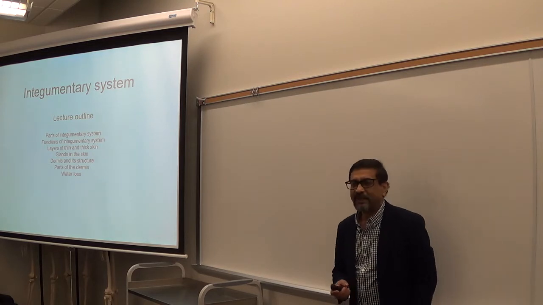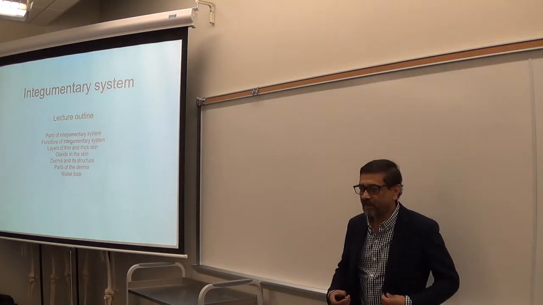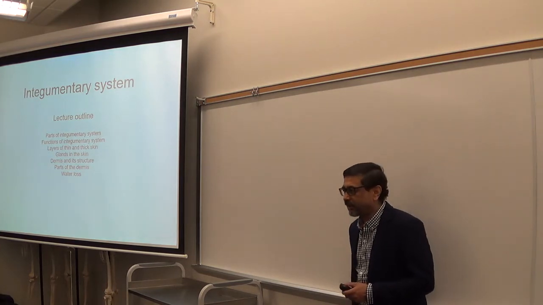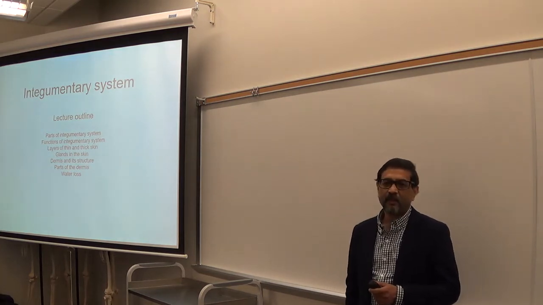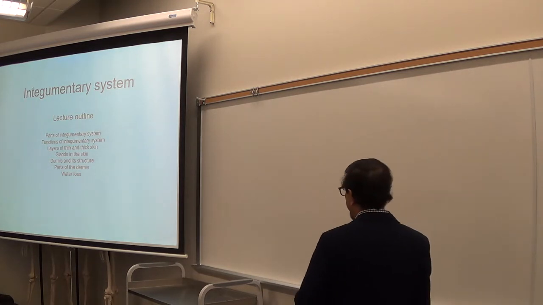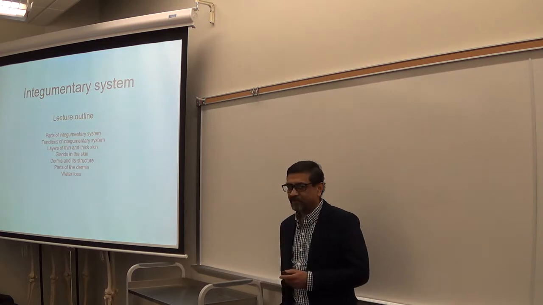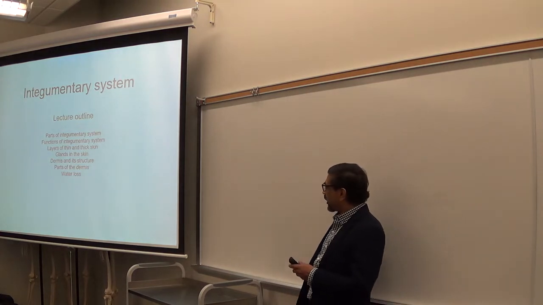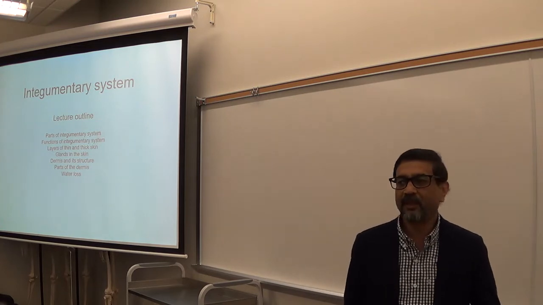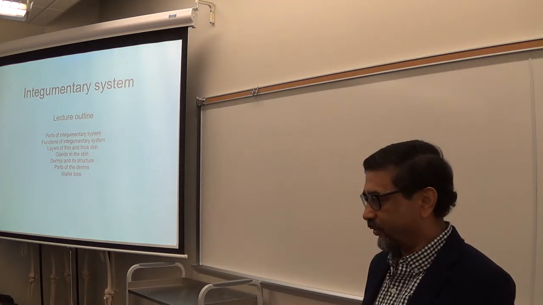Okay? So skin is the main part of the integumentary system. We'll see the structure of the skin. We'll see different types of skin. We'll see the glands of the skin. Then we'll talk about the structure of epidermis and dermis.